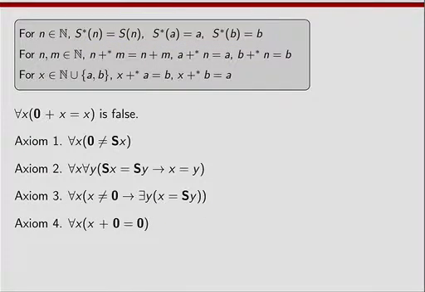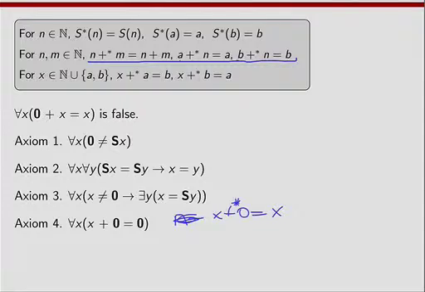Now what about axiom 4? Well, axiom 4 is going to be satisfied because if we let x be any element of the domain, so either a natural number or a or b, let me just write it as x plus 0, so this is plus star of 0, must always be equal to x.